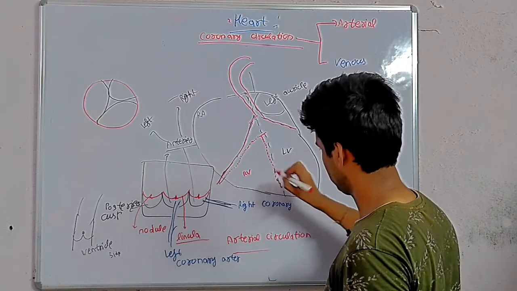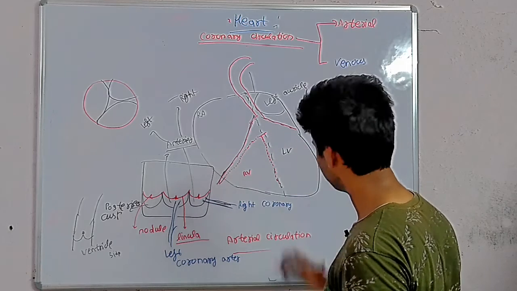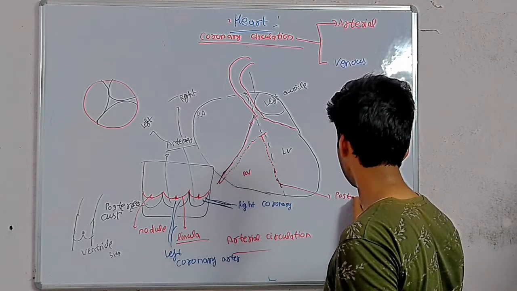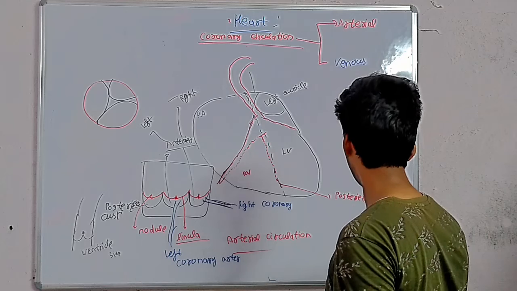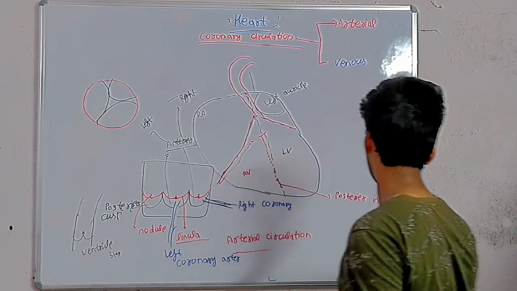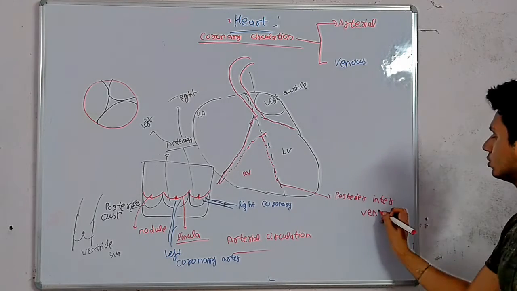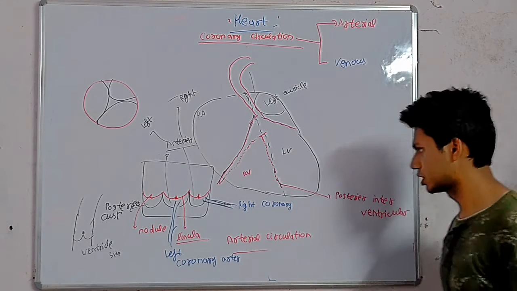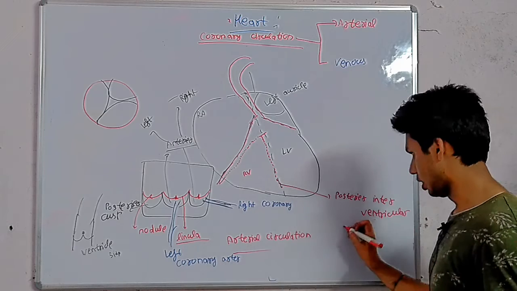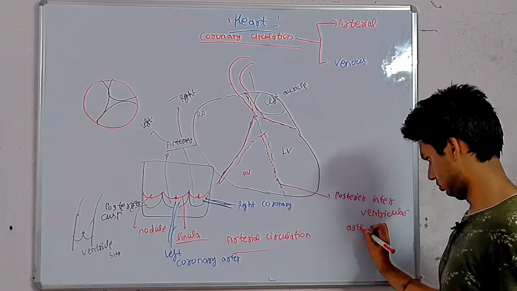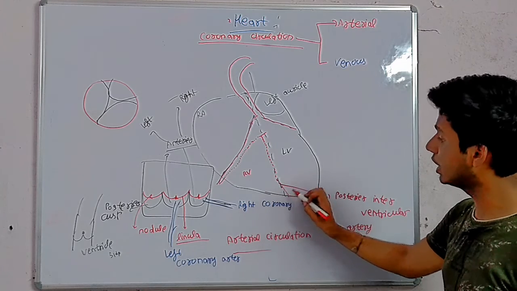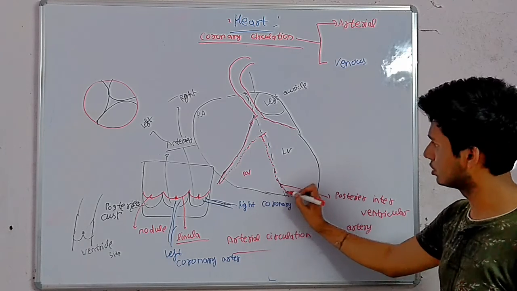This branch is called the posterior interventricular branch, the posterior interventricular artery. Then it goes near the apex, not to the apex.